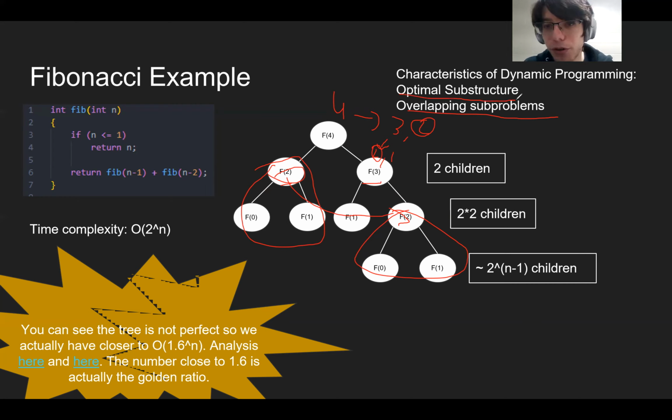And then optimal substructure. Optimal substructure is where there's some sort of structure to the problem where the optimality of it holds in a local sense, right? So like here in f of 3, this is optimal. Like this little tree here, if you solve for the f of 2 here, that's still the optimal way to solve for it.